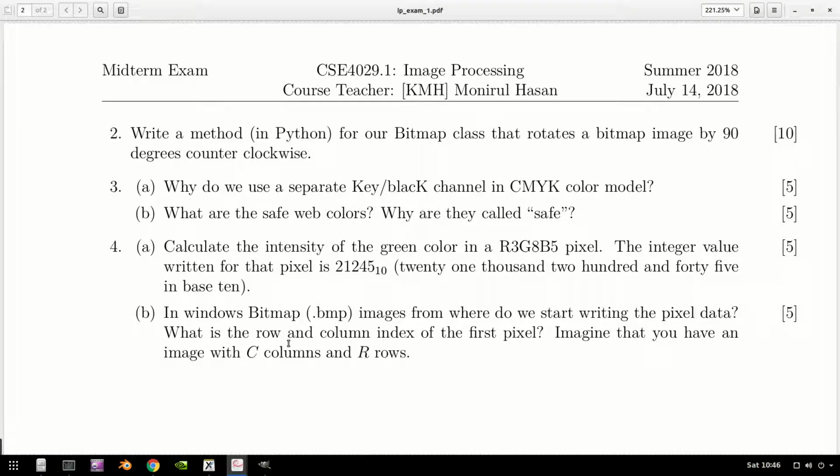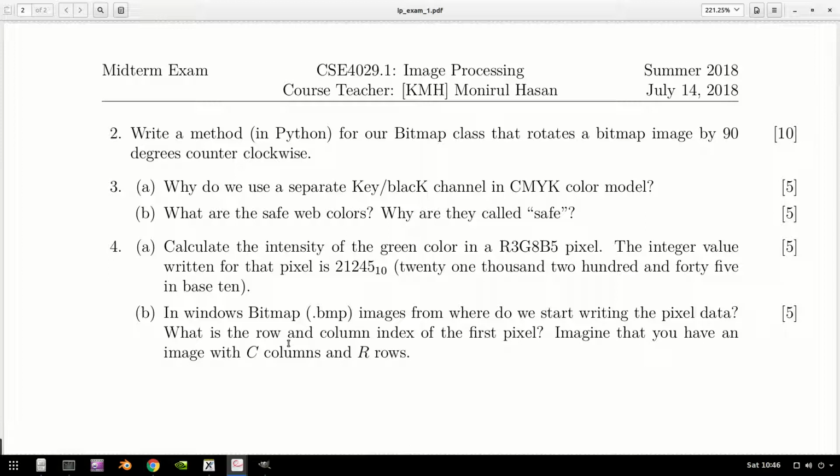For the last question, this was pretty straightforward. I wanted you guys to calculate the intensity of the green color in an R3G8B5 pixel. What does that mean? Red 3, green 8, blue 5.